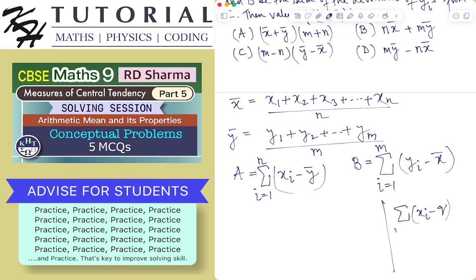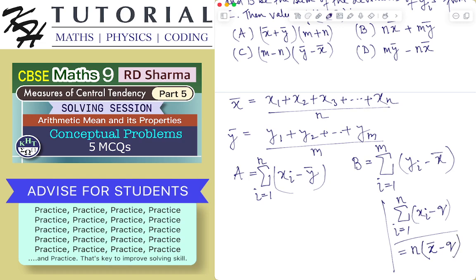If we have a set of n observations x1, x2, x3 up to xn, then the sum of the deviations of those observations from a constant q is always equal to the number of observations multiplied by the mean x bar minus q.